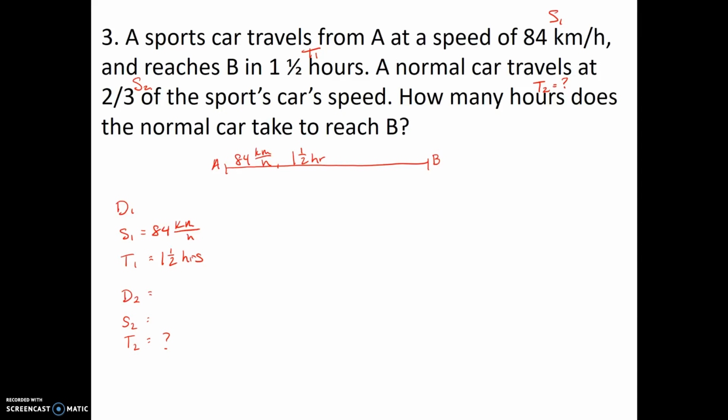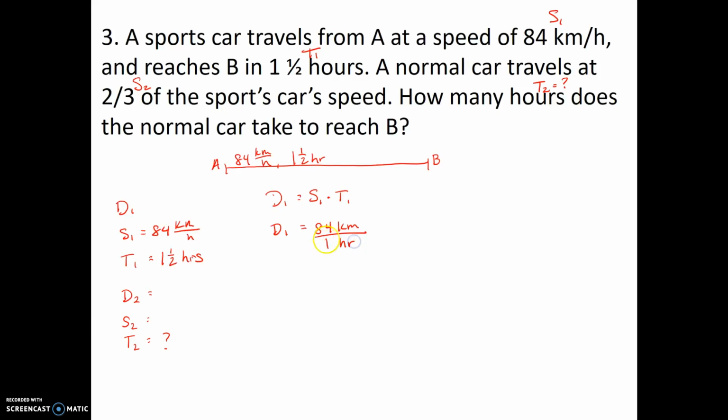Okay, well, first thing we need to do, obviously, is find the distance from A to B. So we can find that easily enough. We're going to use our distance formula, speed 1 times time 1. Since we have 2 out of the 3 variables, we can find the third. So we're going to multiply 84 kilometers per hour.